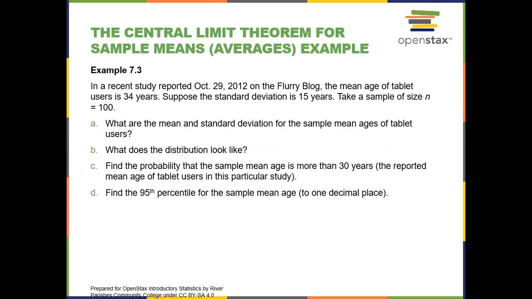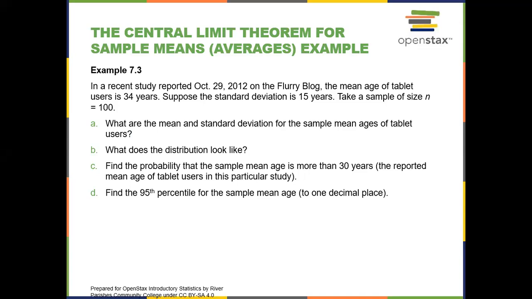In a recent study reported on October 29, 2012, on the Flurry blog, the mean age of tablet users is 34 years. Suppose the standard deviation is 15 years. Take a sample of size n equal to 100, which is greater than 30. What are the mean and the standard deviation? The mean of the sampling distribution is equal to the mean of the population, which is 34.